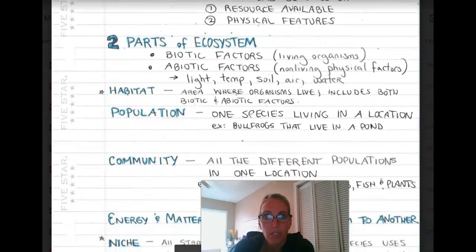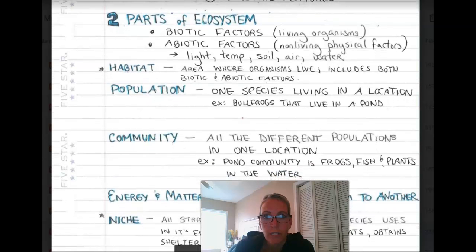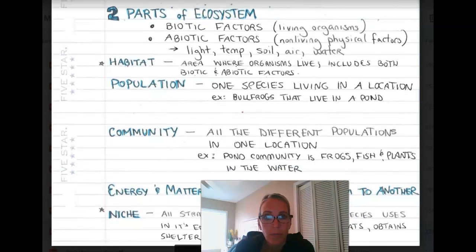A population is one species living in a location. So, for an example, a bullfrog that lives in a pond. So bullfrogs that live in a pond would be a population. A community is where all the different populations are in one location.